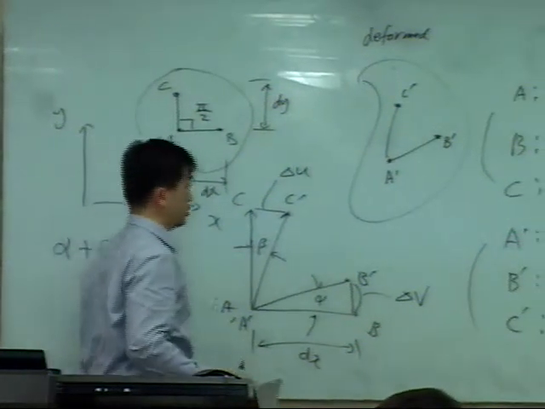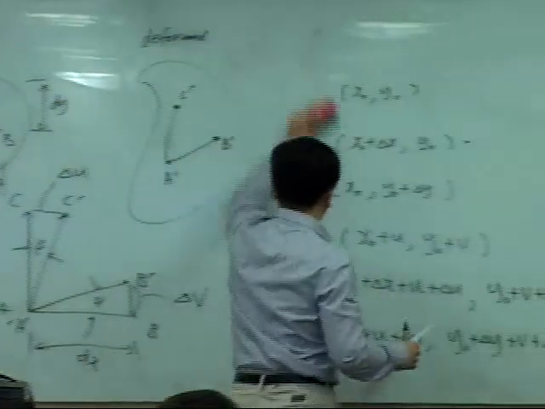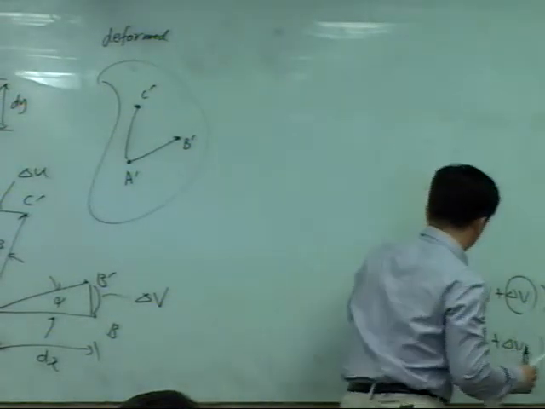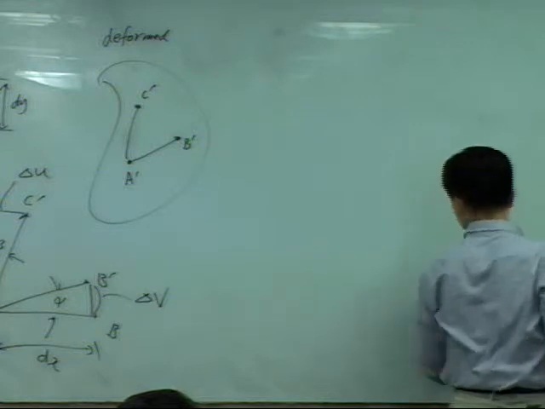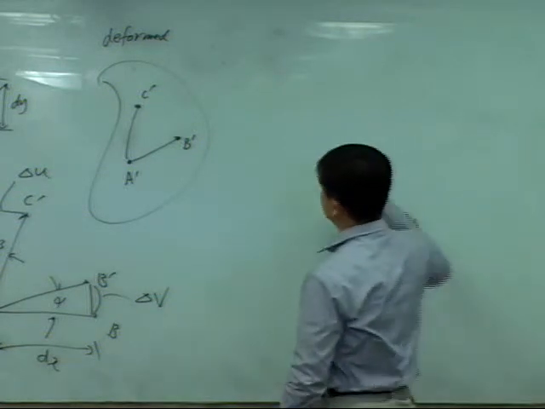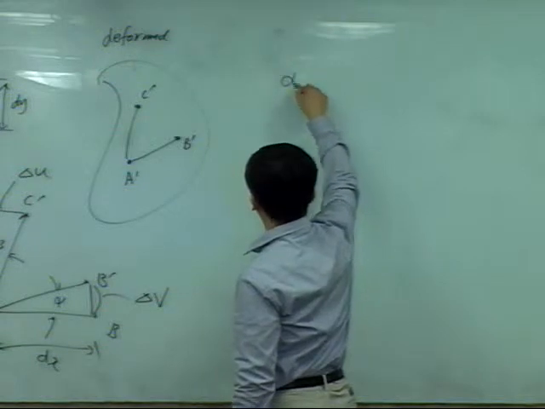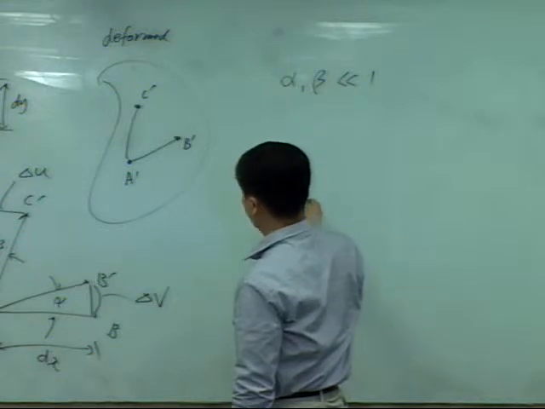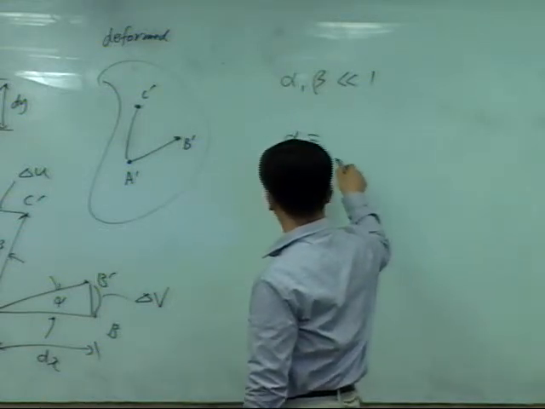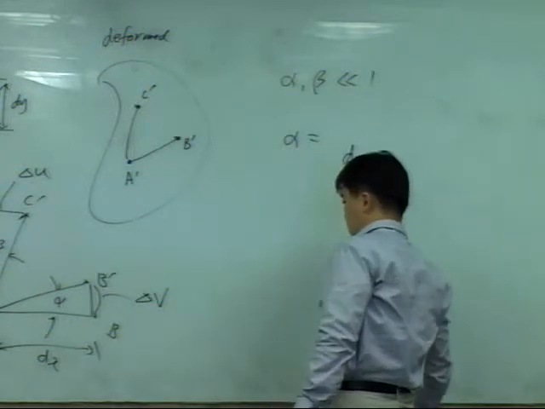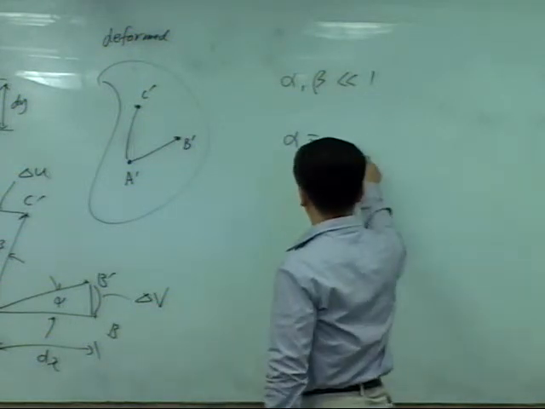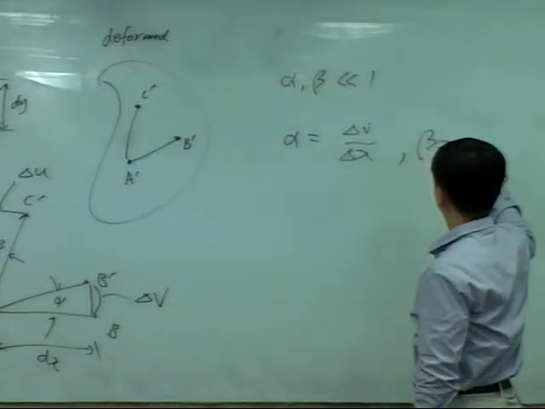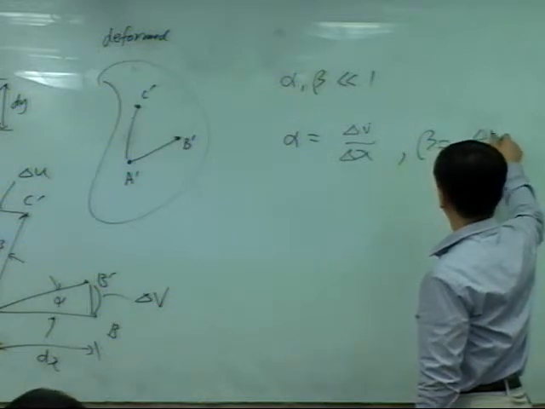So when the angles alpha and beta are very small, this is an assumption for small strain. If alpha and beta are much smaller than 1, we can say alpha equals delta v over delta x, okay, beta equals delta u over delta y, right?